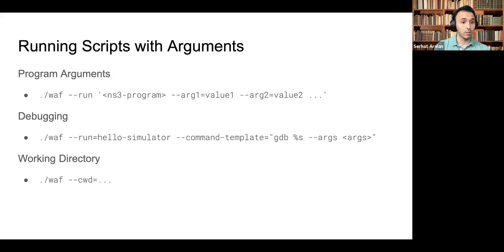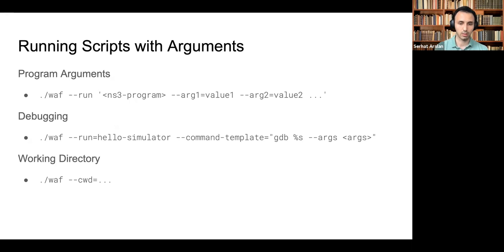And if you want, NS3, of course, sometimes comes across some bugs, and sometimes programs just exit. In order to be able to debug it, you can use GDB with it. Here you see the syntax that you would use to run the same simulation program or script with GDB.